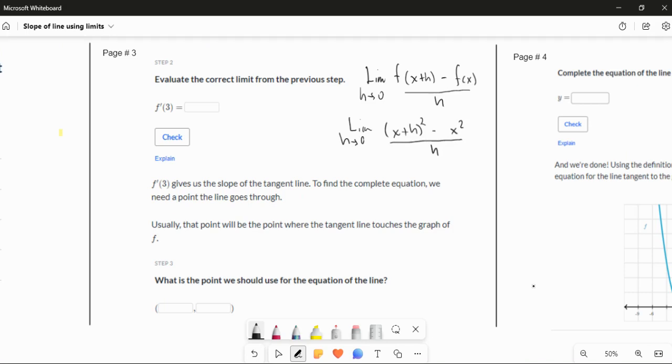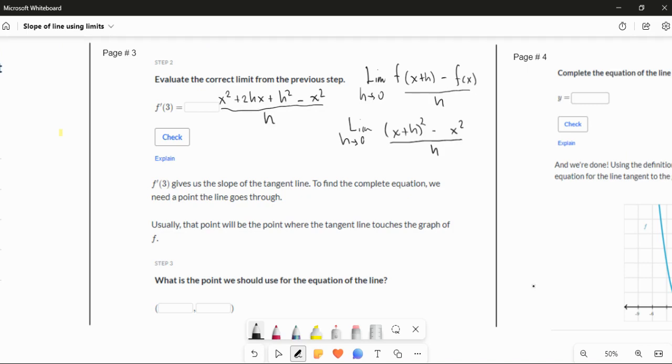Let's distribute this. x plus h squared will be equal to x squared plus 2hx plus h squared minus x squared, all this divided by h.